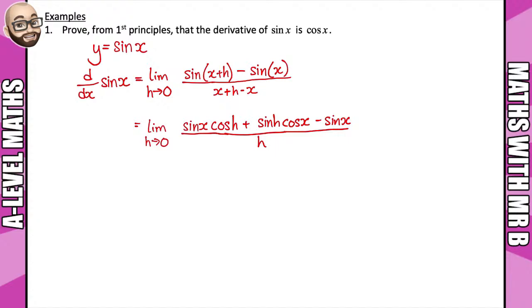Now in order to show what we need to do here, we're actually going to do a little bit of factorising on that numerator.